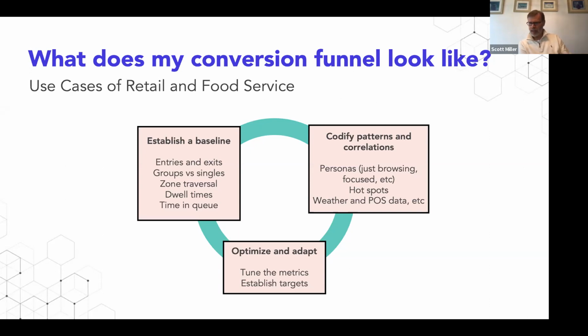And again, we'll do an example of how to set up and use a zone, but think of a zone in this case as maybe a department, a particular section of the store, maybe the area around an end cap I'm particularly interested in. I can define as many zones as I want within my store, and as people move around my store, I can tell you what zone they're in and how long they've been in that zone. So I can see very specifically the journey people take. Dwell times are really the time they spent in that zone.